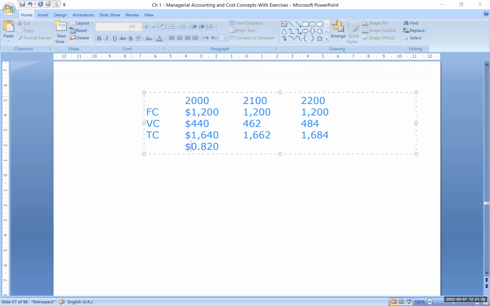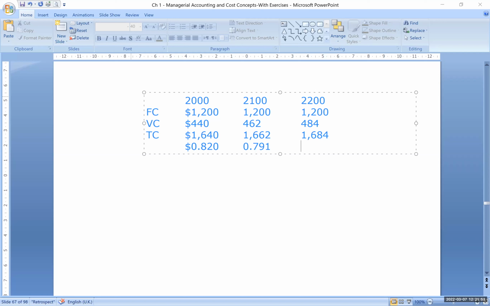Calculated from total cost divided by 2,000 cups. For the second level, we say 1,662 divided by 2,100, and this equals 0.791. And for the last one, we say 1,684 divided by 2,200.